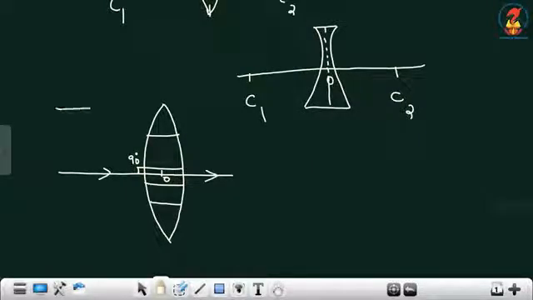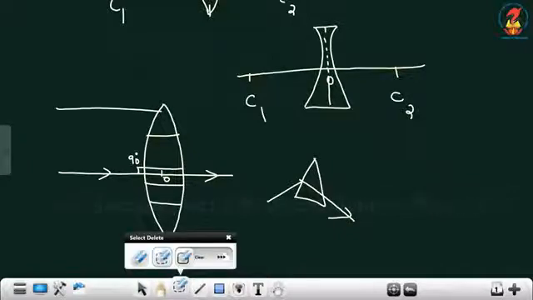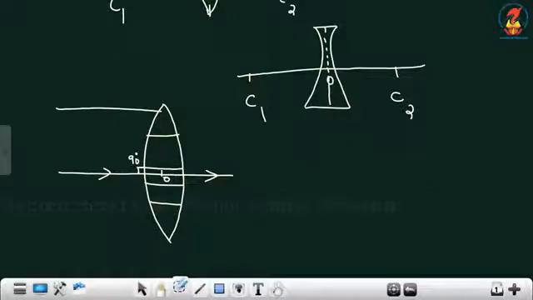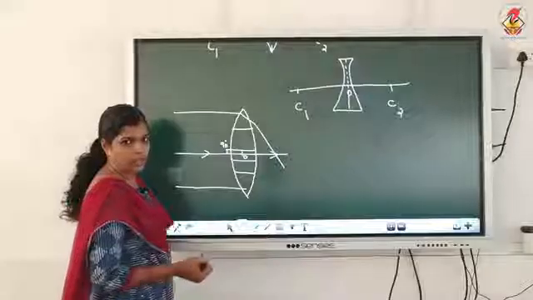Now here, when a ray of light passes through a prism, it will bend towards the base of the prism. So, this one is the base of this prism, so it will bend in this way. When a ray of light passes through this side, again this is the base of this prism, but this prism is in an inverted position.